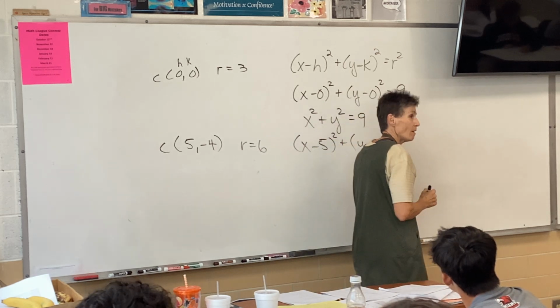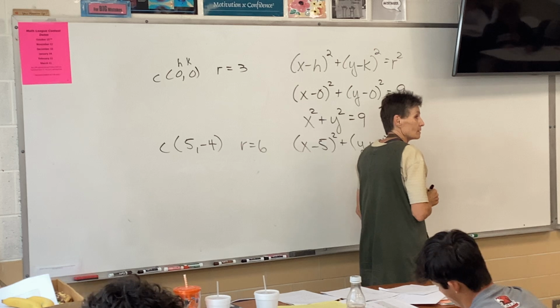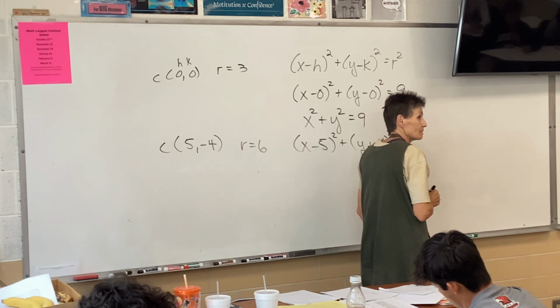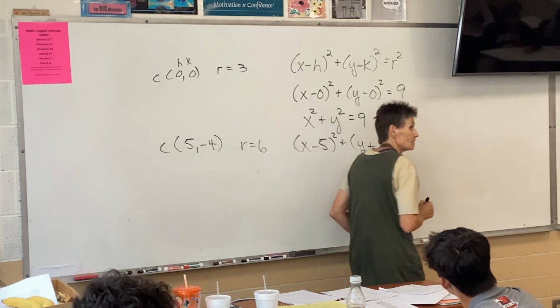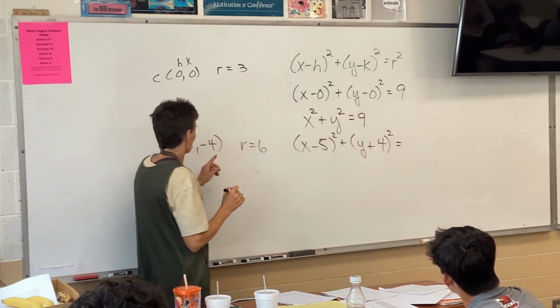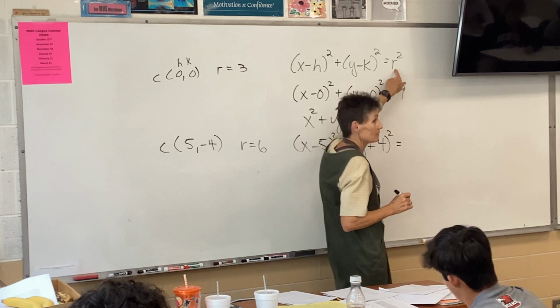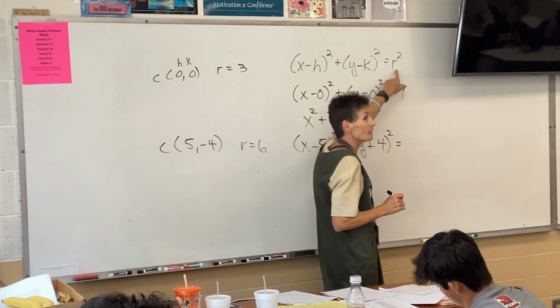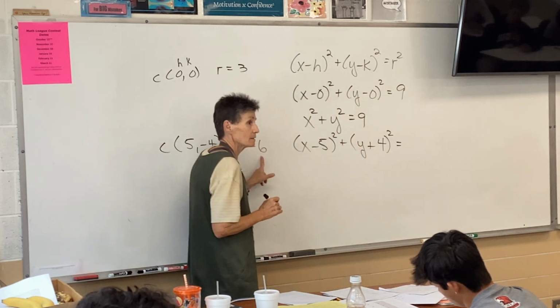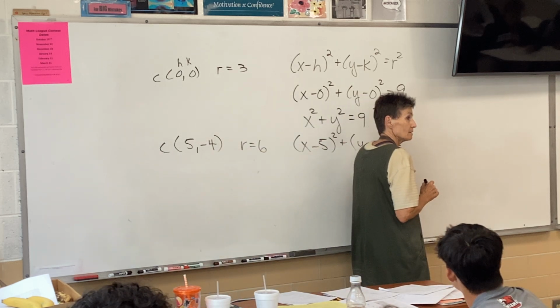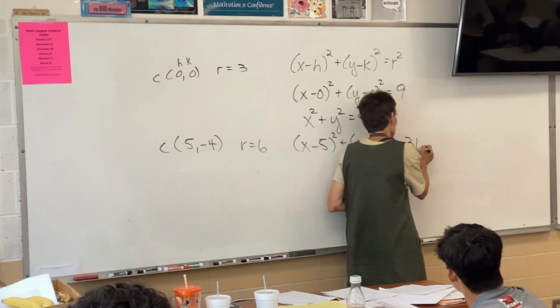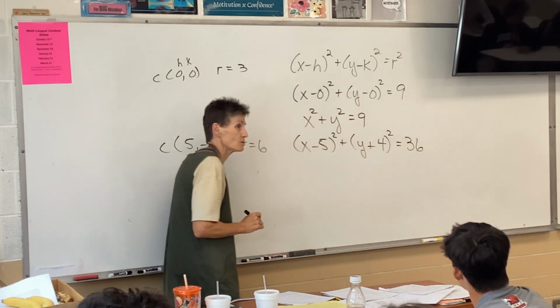Equals, you're perfect so far. And r is 6. So r squared would be 36. 6 squared. Yep, you did a great job. That's it. That's the equation of the circle.